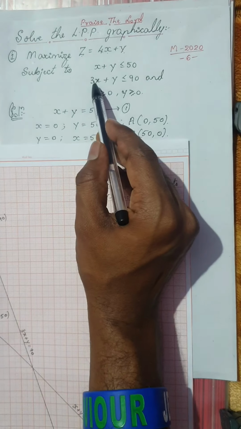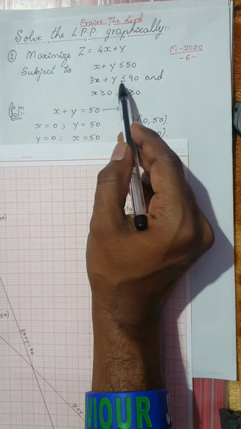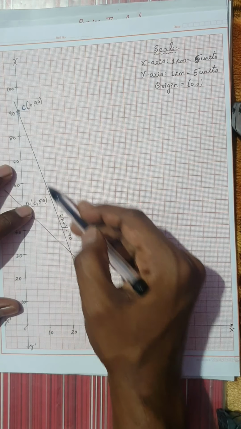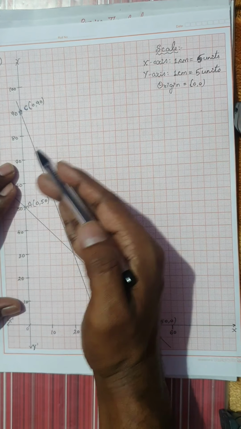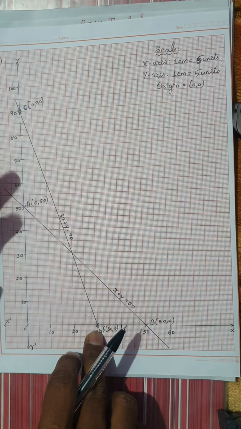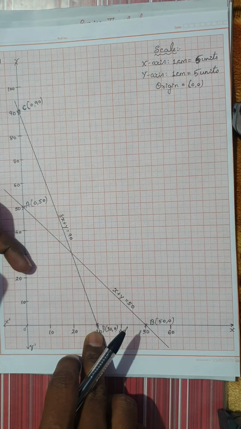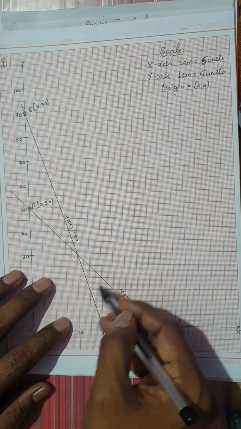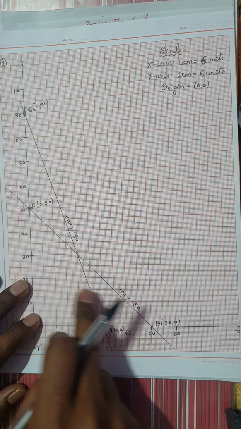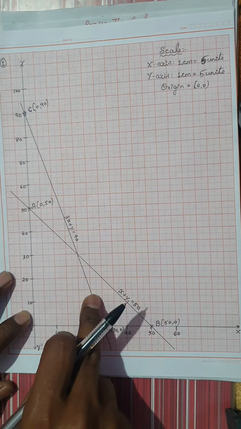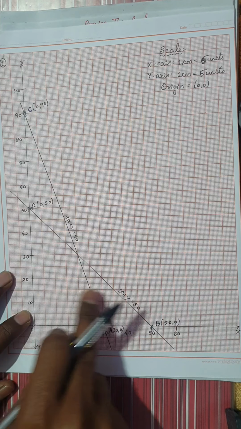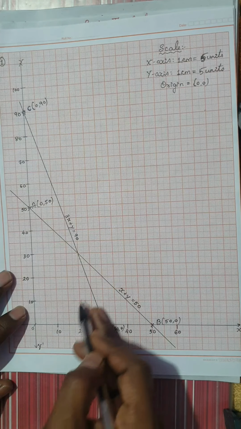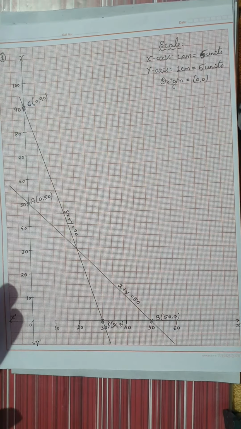Now let us go to the next inequality, that is 3x plus y less than or equal to 90. This is also less than. So again, this is the line 3x plus y is equal to 90, and we want less than that. So my common region would be left of this line and left of this line. If I take left of this line, I will take these 2 portions, but this portion is above the line. So if I want below this line, that is left of both the lines, then this portion would be the feasible region.